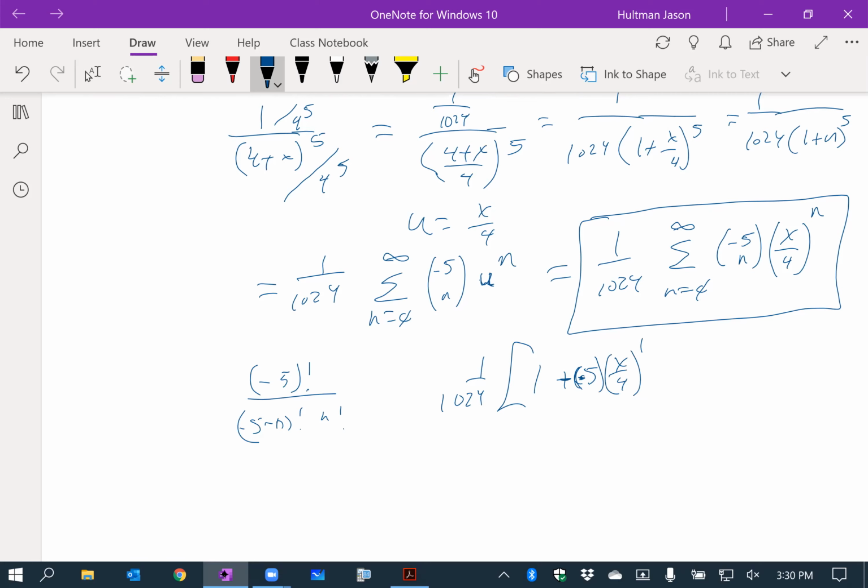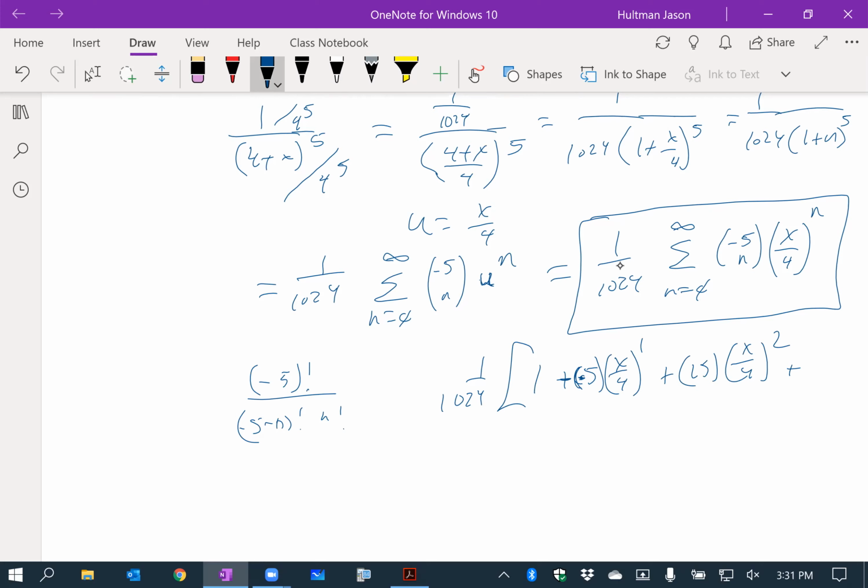And then the next one is going to be plus 15 times x over 4 squared, which is 15 over 16 times x squared.